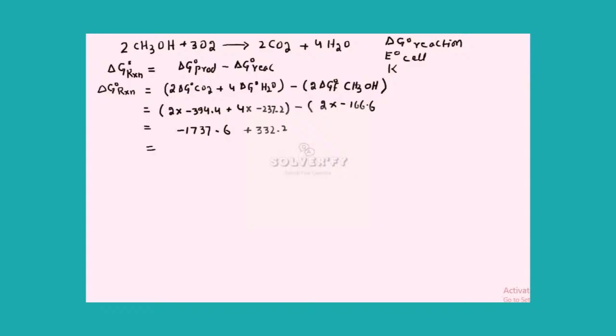Adding both the values, we get minus 1405.4 kilojoule. This is the delta G naught of the reaction.